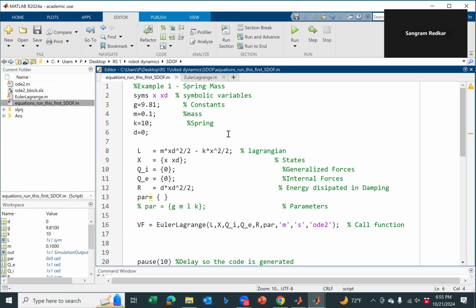So first and foremost, we are trying to solve the spring mass system. The equation of the spring mass system is m x double dot plus k x is equal to 0. Now, in this expression, how many dots do you have? You have 2 dots. So this is called the second order differential equation.